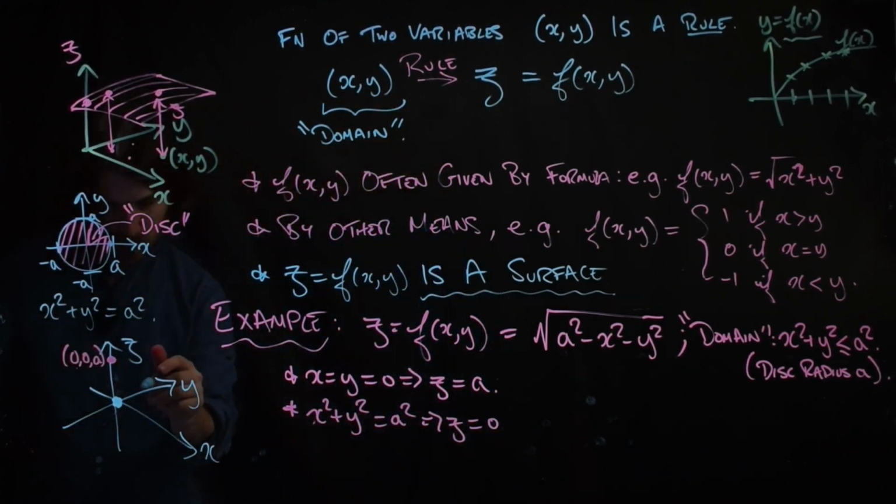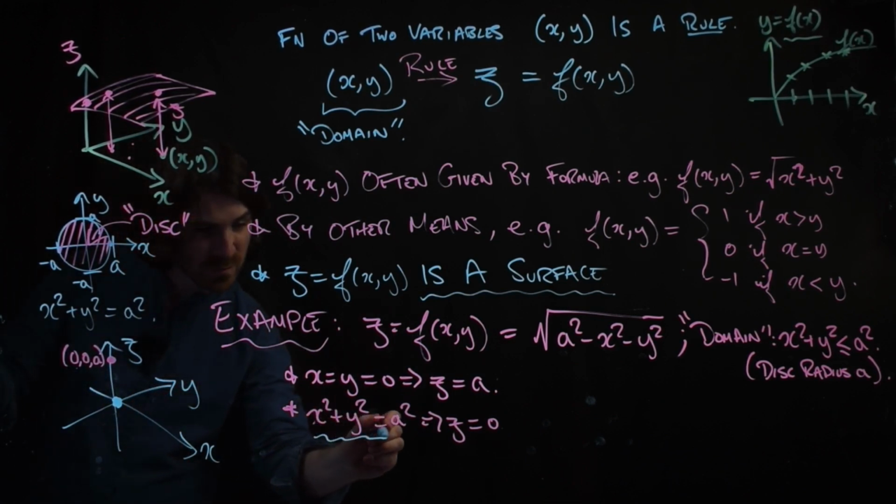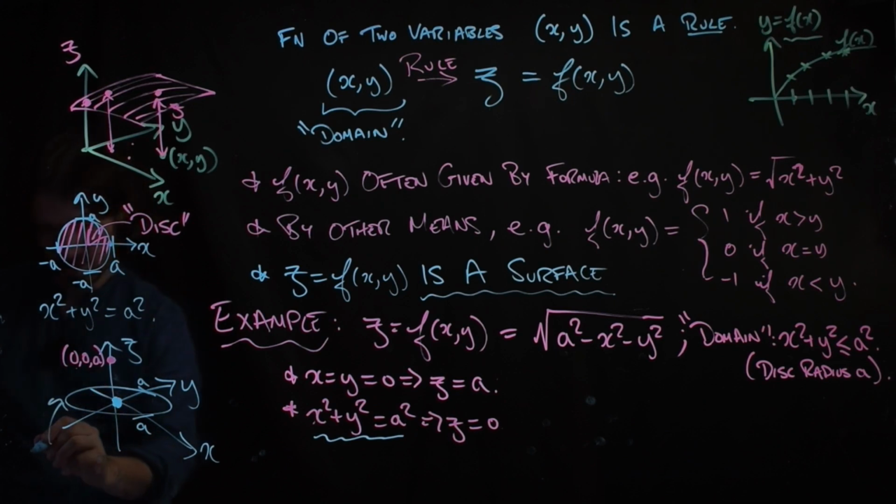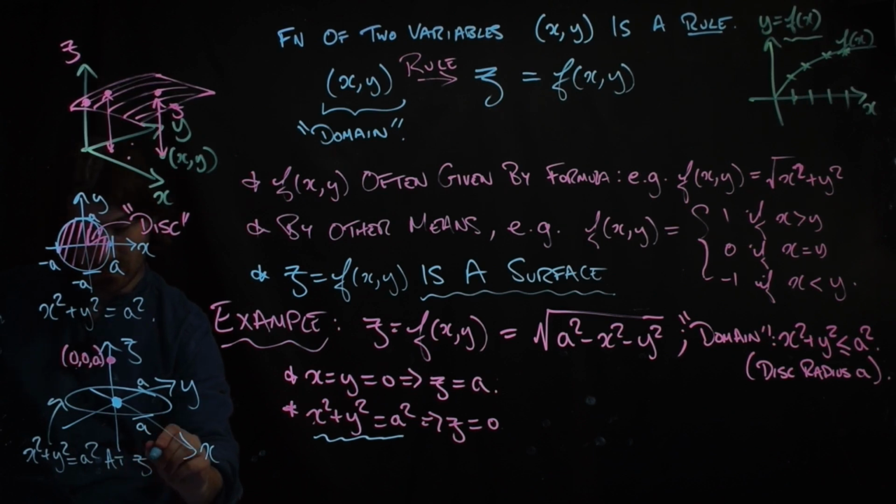Okay, so there's a group of points at z equals 0 that map out the equation of a circle in the xy plane, circle of radius a. Okay, at z equals 0. So this is x squared plus y squared equals a squared at z equals 0.